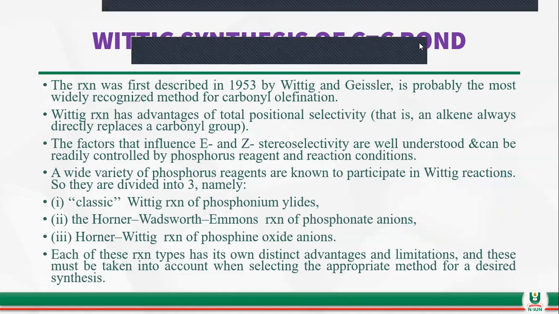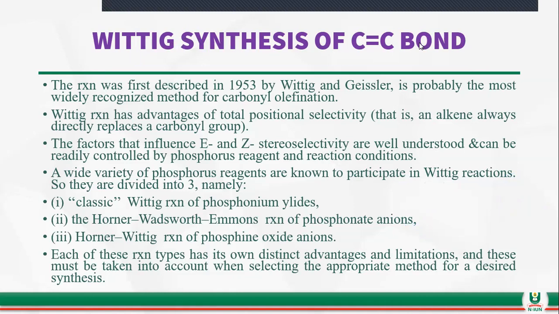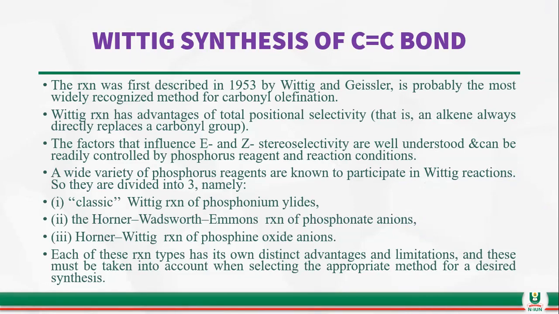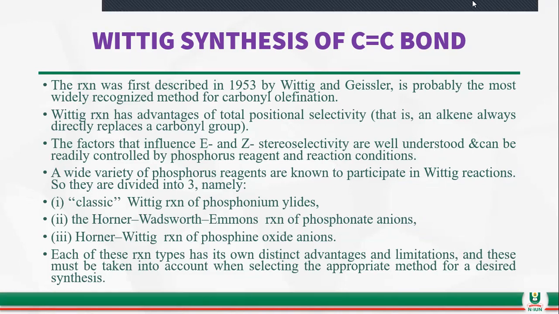The factors that influence E and Z stereoselectivity are well understood and can be readily controlled by phosphorus reagents and the reaction condition. What we are saying is that in that situation, you are able to know clearly how cis and trans isomers are formed. Therefore, you are able to control that by making some synthetic adjustments to whatsoever your precursors are.